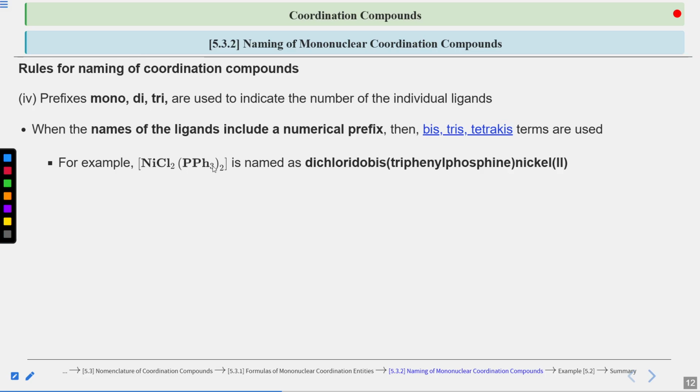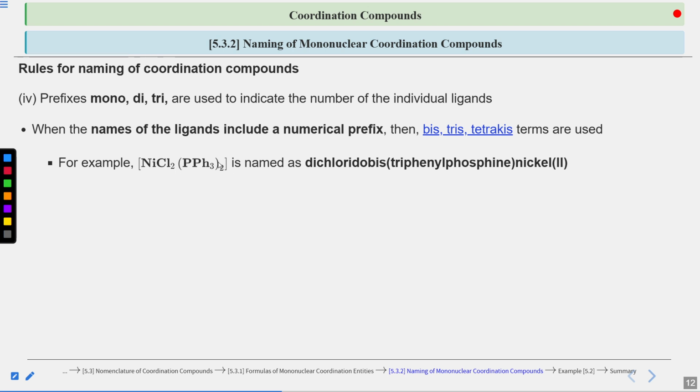PPh3 is the formula of the ligand, and the whole twice indicates that there are two triphenylphosphine ligands present in our coordination compound. Similarly, chlorine is a single atom, but the 2 in the subscript represents that two chlorine atoms are bonded with the central atom or ion. So here the central atom is nickel, and the ligands are chlorine and triphenylphosphine.